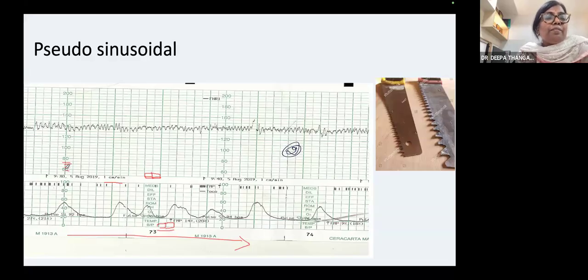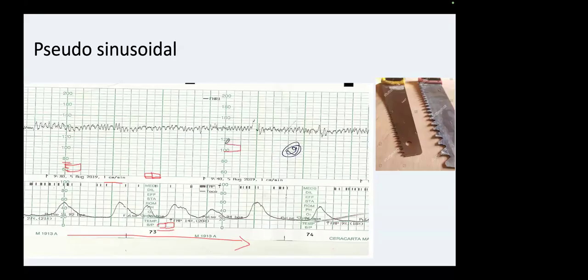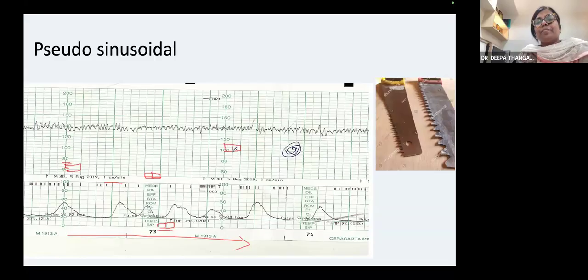So 5 plus 5 plus 5, this is called the big square. One big square I will mention here, from 100 beats up to 110.